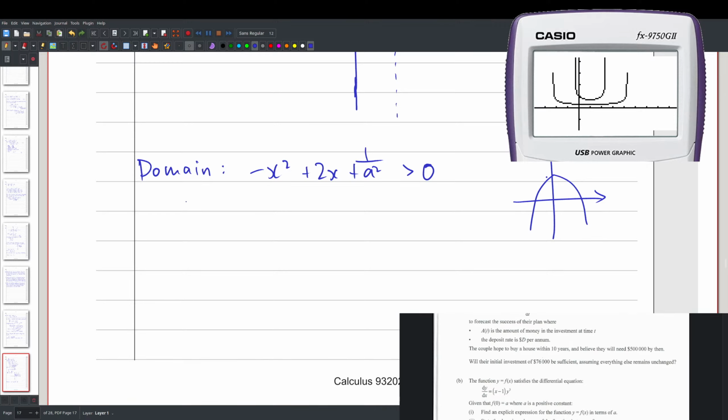That means the critical points are x equals negative b, so 2, plus or minus the square root of b squared minus 4ac, on 2.